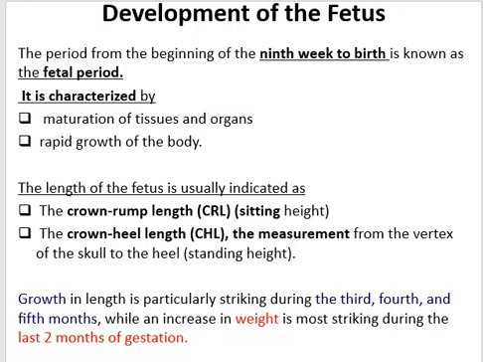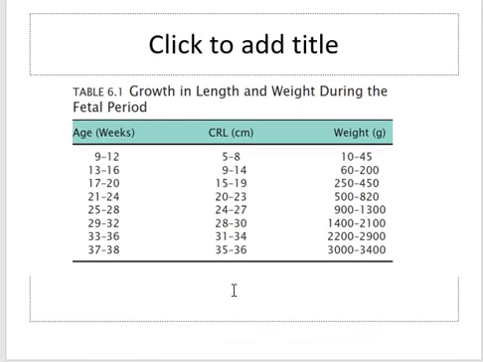Here you can see some events that occur during the fetal period, by the crown rump length and weight. What is the importance of knowing the crown rump length and weight?